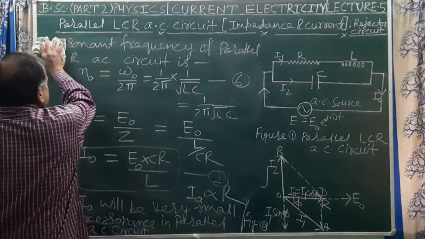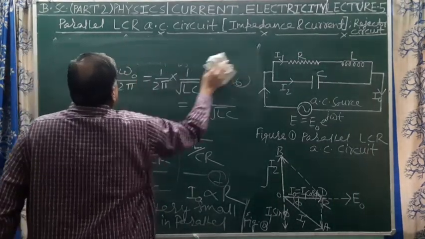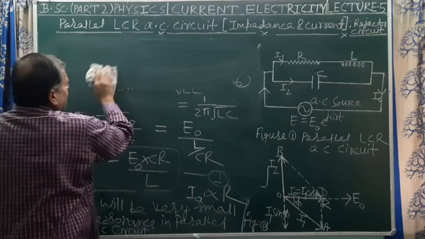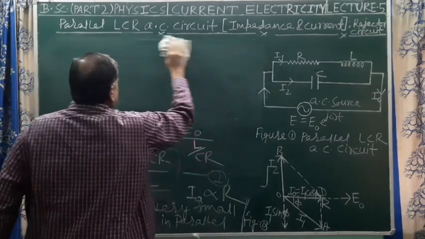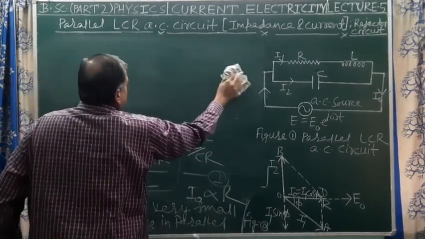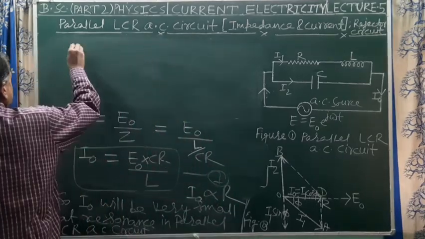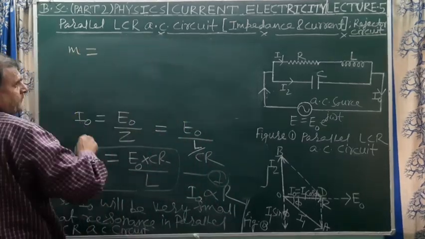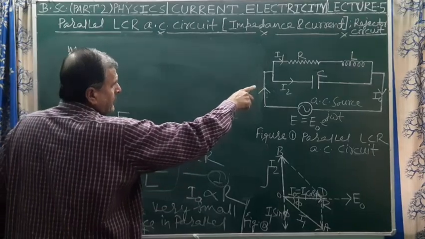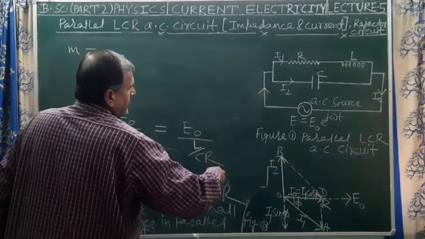Now the quality factor of a parallel LCR AC circuit at resonance is given by the current magnification, small m, which equals the current through the capacitor branch, which is I2.